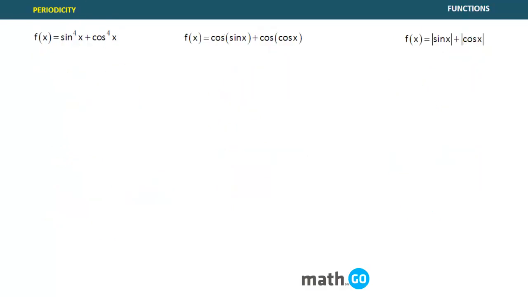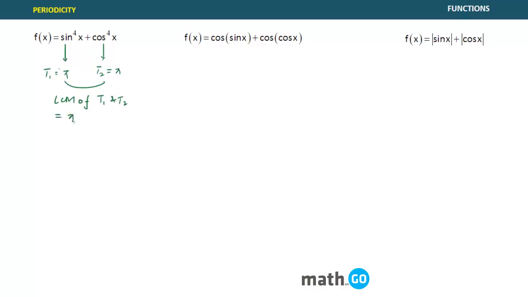So next is sine raised to power 4 and cos raised to power 4. We know that the period of this particular function, with even power 4, is pi. For this also T2 is equal to pi, and if you say that you need to find the LCM of these two, the net answer would have been the LCM of T1 and T2.